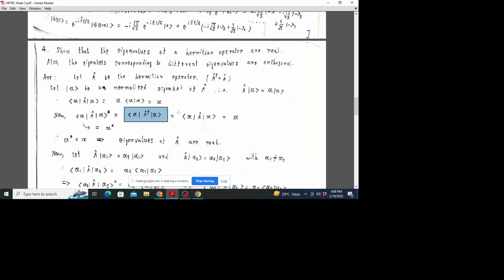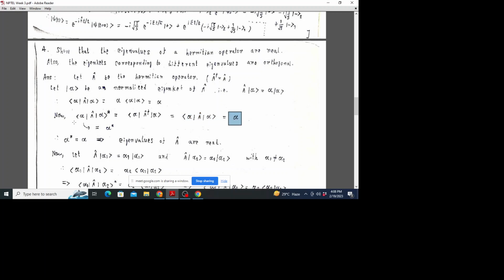But the question says that the operator A is Hermitian, so A dagger is equal to A, and our result is again alpha.